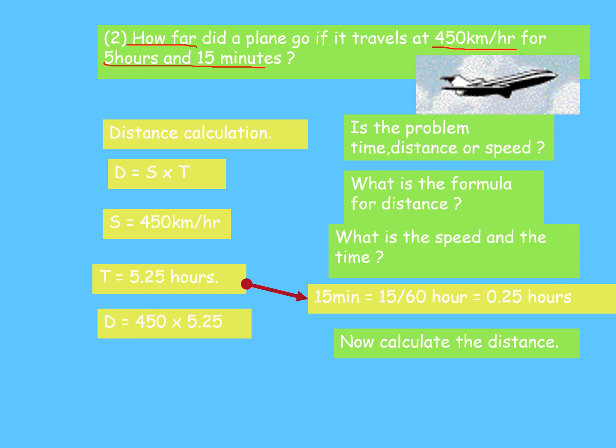So if we are going to calculate the distance, we are going to supply our formula, that is 450 times 5.25, and the final answer is 2,362.5 kilometers. Okay.